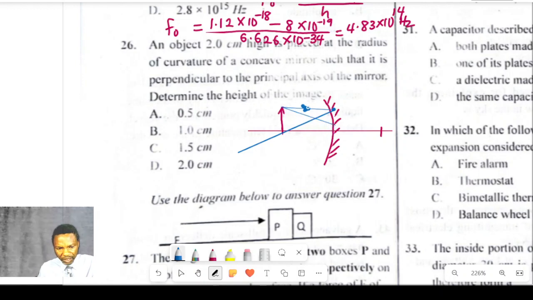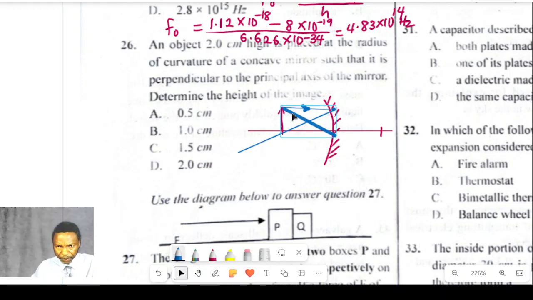All right, sorry, I missed it. Oh, there's a miss up here.